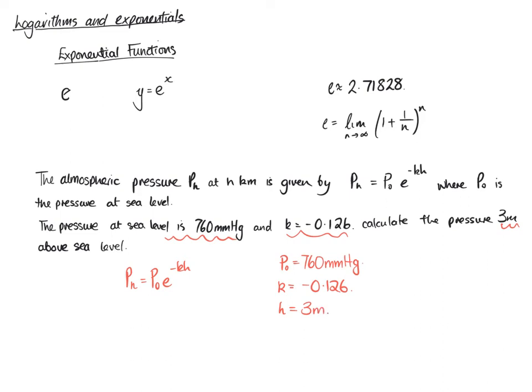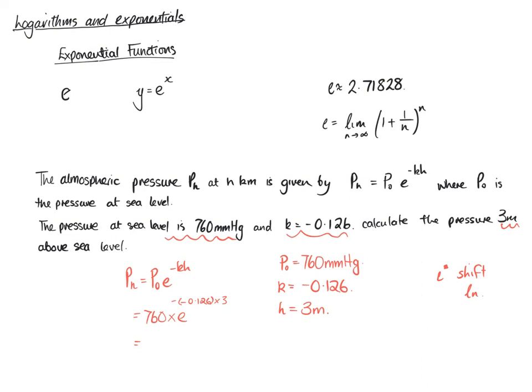Now we can substitute those values in, so we get 760 times e to the power of negative 0.126 times 3. It's actually negative 0.126 because k is negative and we've got negative k, so two negatives cancel each other out. Then it's just a case of putting that into your calculator. If you have a Casio, your e button is e with a little box above it, and you get it by pressing Shift and then the LN button.